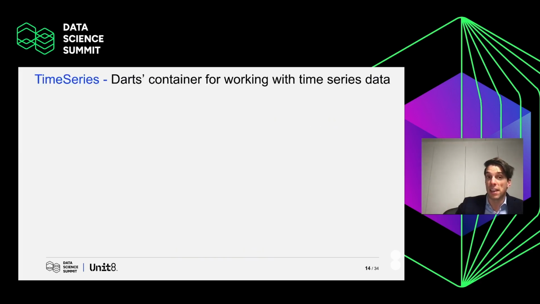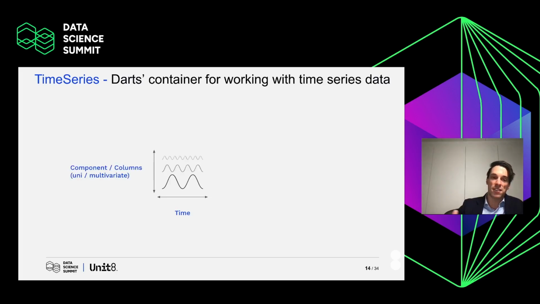So just to recap, the basic unit of DARTS is a time series object, which captures the time on one axis, and on the secondary axis, if you want to think of columns, the first column would be the time and the second column, in the univariate case, would be the actual signal. If you have multiple signals, then we talk about multivariate time series.